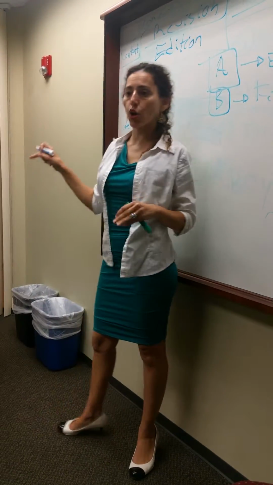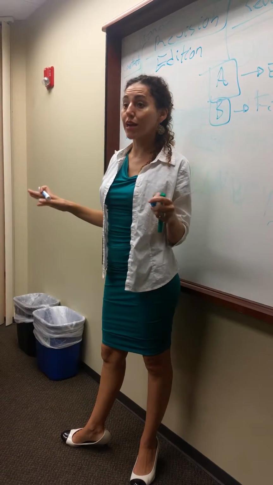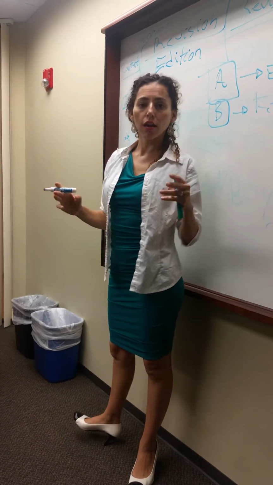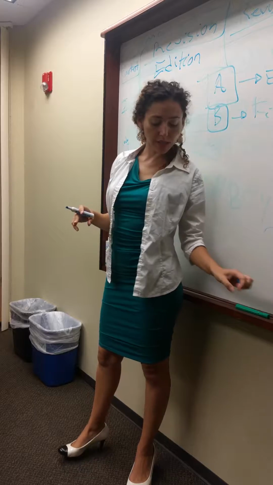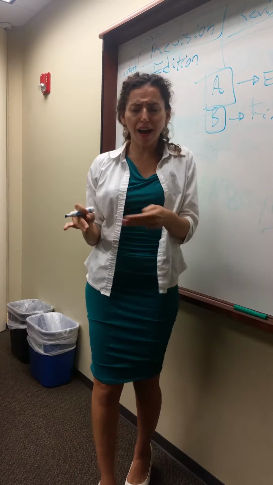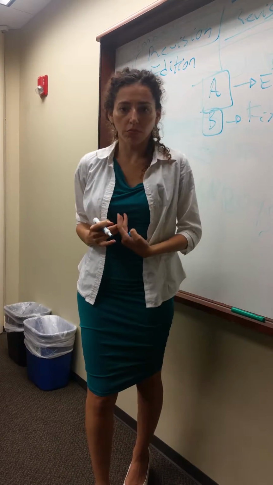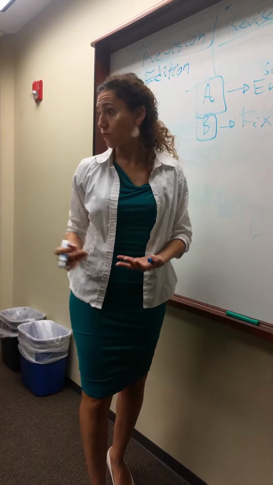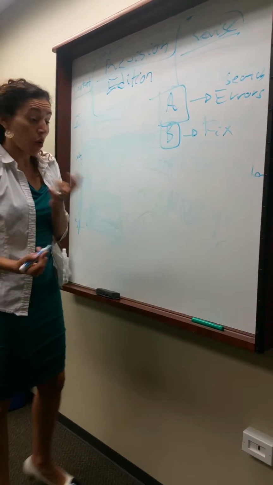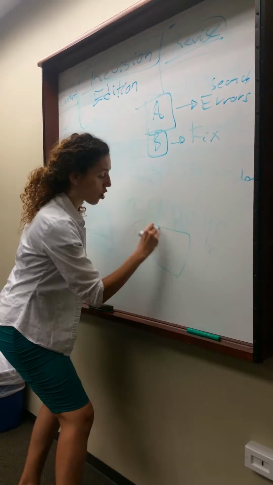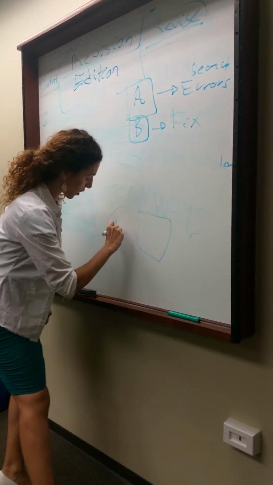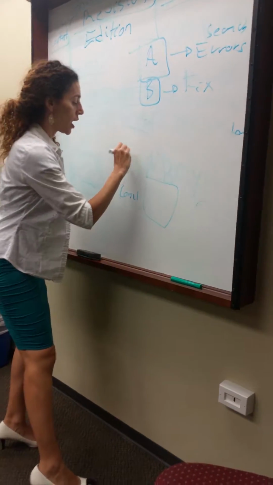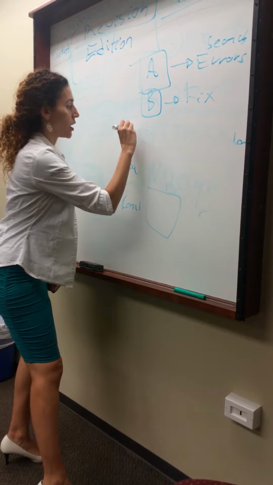I provided a link of an English teacher that I really liked. And he goes, because it's you who wrote it, it's hard for you to see your own mistakes, your own spots. So another way is to go from the very bottom, from the conclusion, then body paragraphs, and then intro.